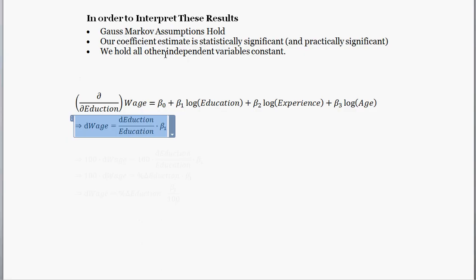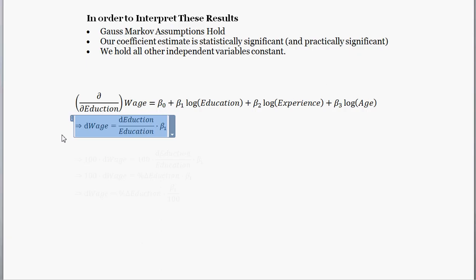So d education is the change in education, and d wage is the change in wages. d education over education is the change in education in percent. What's interesting is that if you multiply this by 100, that's d education divided by education times 100, which gives us the percent change in education.